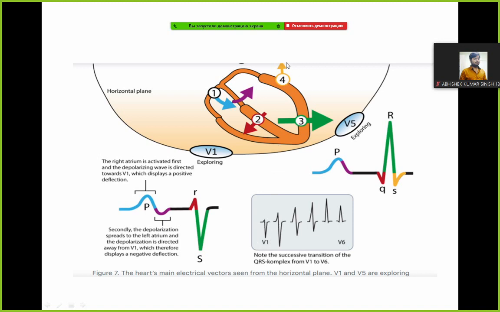The fourth vector comes from the basal parts of the ventricles. The final vector stems from the activation of the basal parts of the ventricles. The vector is directed backward and upwards. It heads away from V5, which records a negative wave, an S wave. Lead V1 does not detect this vector.